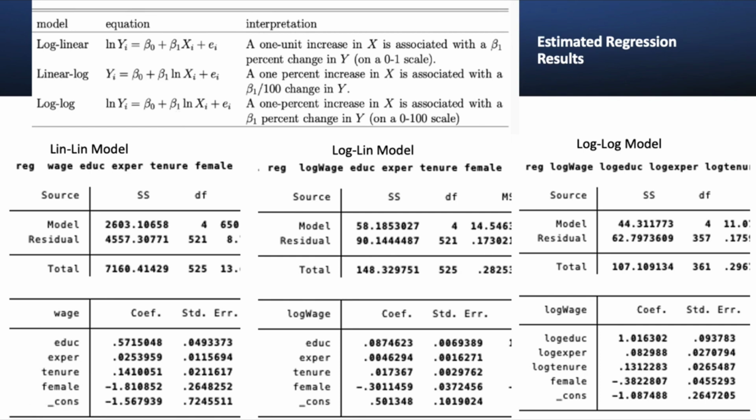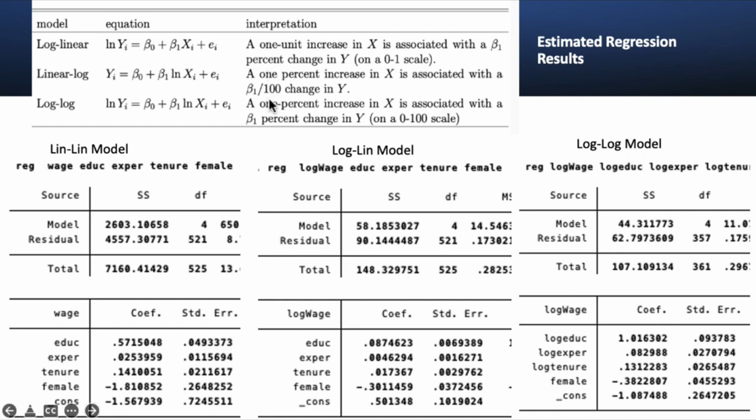So, for example, if you talk about log education, the way you interpret this coefficient is you say that when education increases by 1%, wages increase by 1.01%. Whereas in the lin case, these were units. When education increased by a unit, wages increased by 0.57 units.